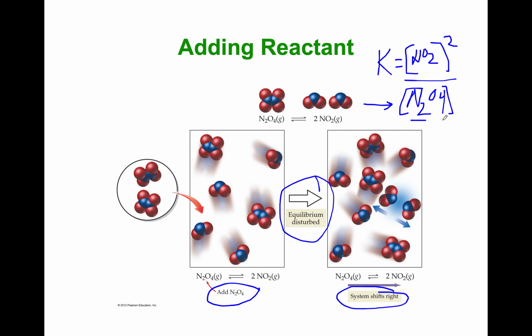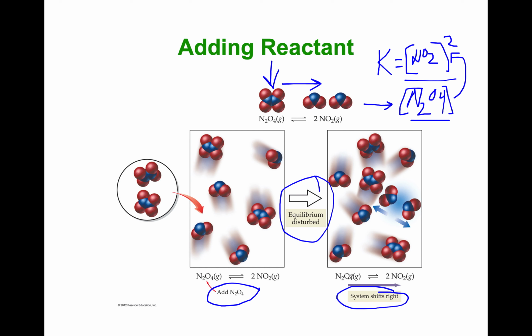You lose some N2O4 and it turns into some NO2 to get back to the equilibrium constant number. So if you add to the left, it shifts to the right. What that means is, add N2O4 and N2O4 reacts and forms more NO2.